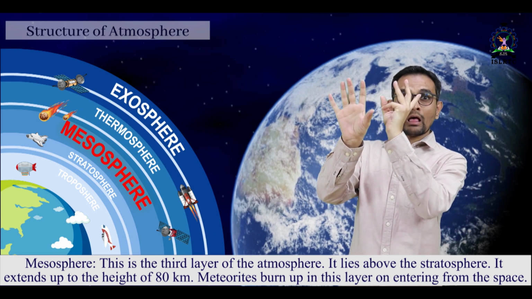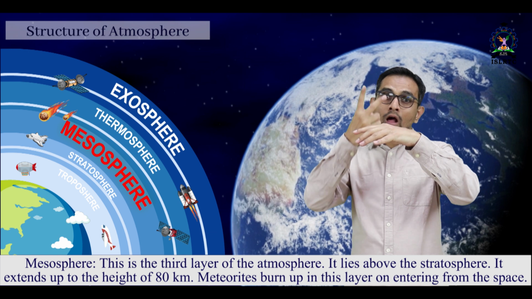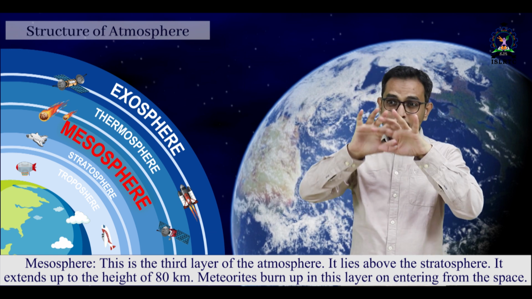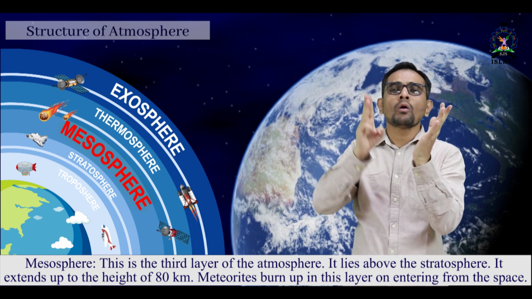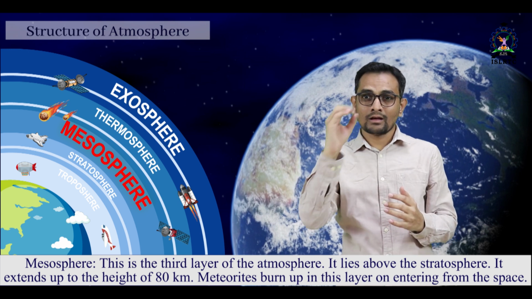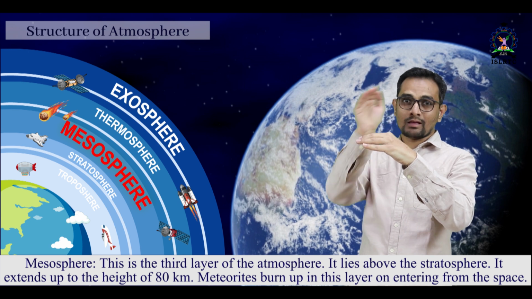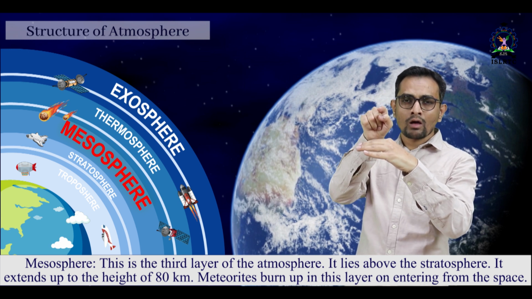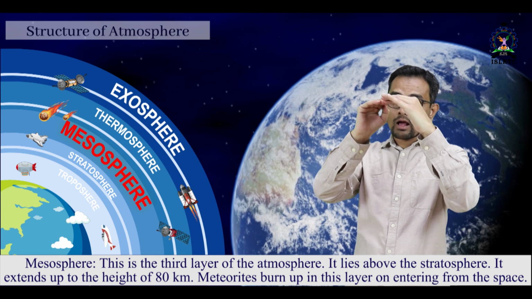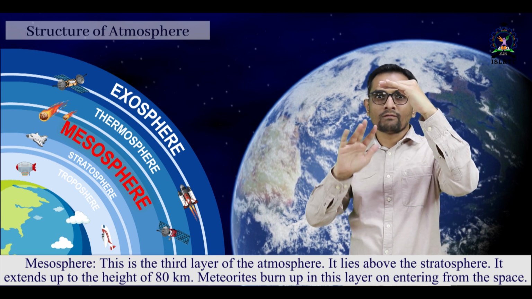Mesosphere. This is the third layer of the atmosphere. It lies above the stratosphere. It extends up to the height of 80 kilometers. Meteoroids burn up in this layer on entering from the space.